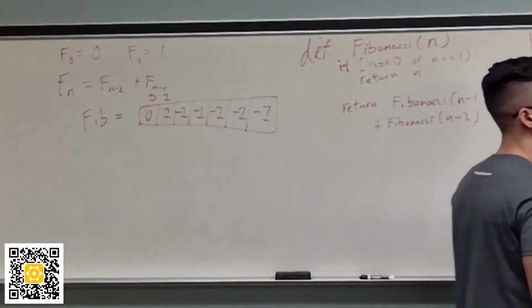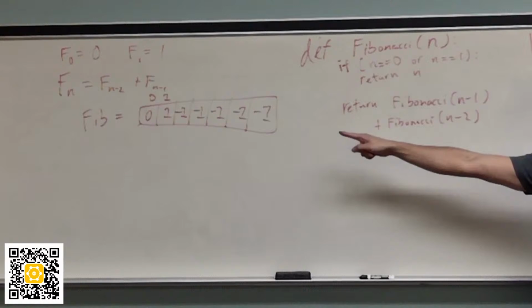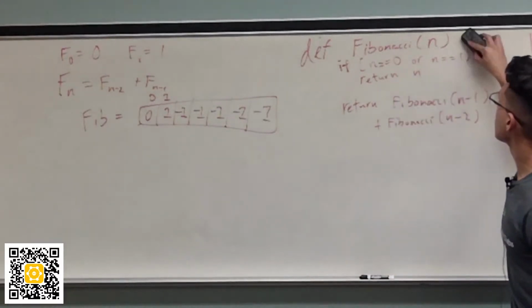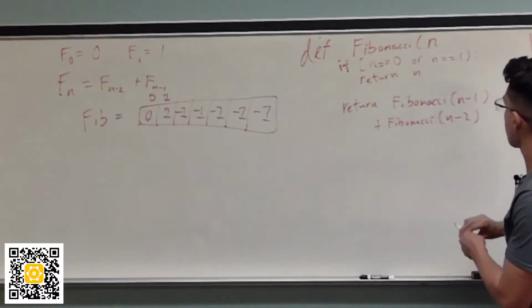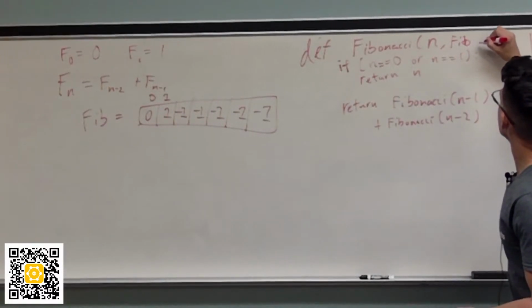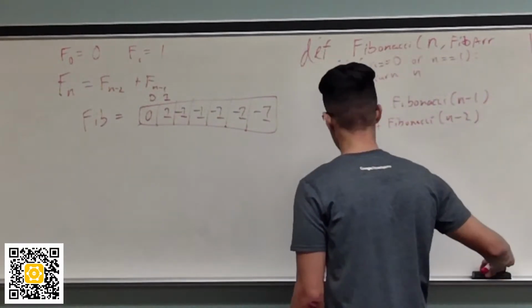So why don't we do this? What can we improve here in this function to make use of this array? Actually, while I'm at it, let me call this fib r.